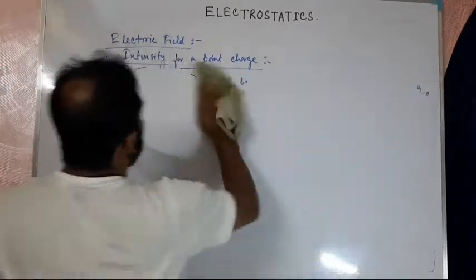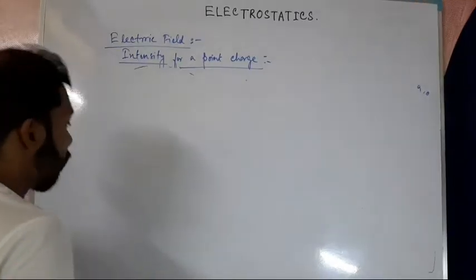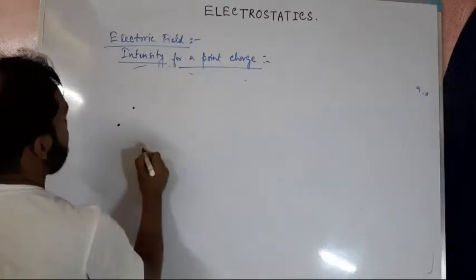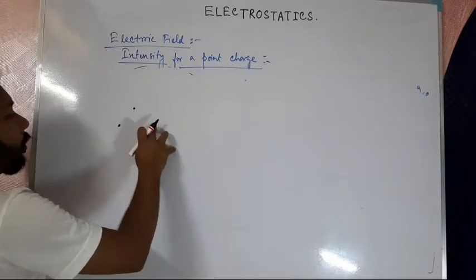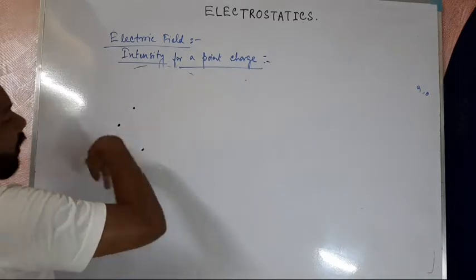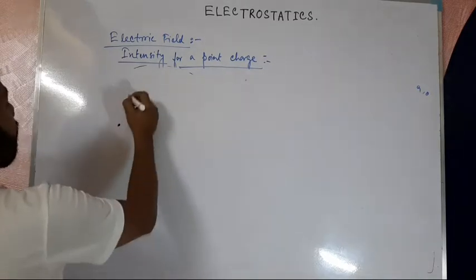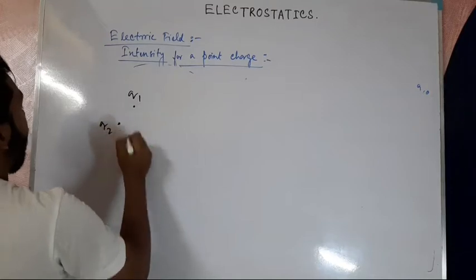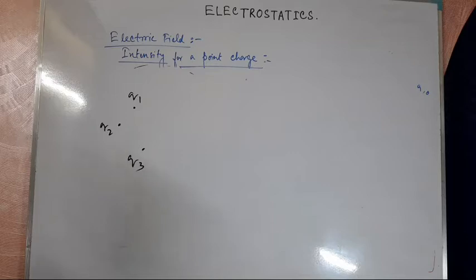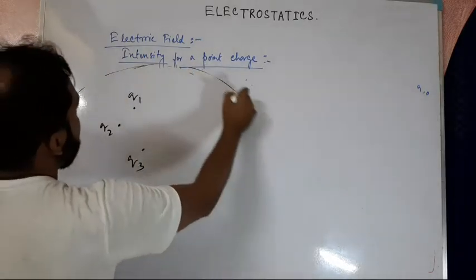So, what are we trying to do? We have source charges. Let us take 3 charges. We have a charge configuration having Q1, Q2 and Q3 as source charges, and they produce a field.